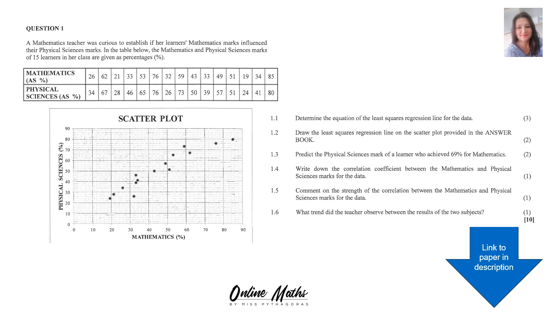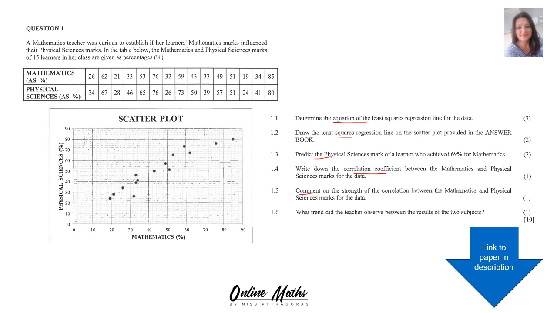Now here you see the actual exam, and this question gives you the scatter plot, and then on number 1.1 they want the equation of the least squares regression line. Then they want you to sketch the least squares regression line. Then at number 3, predict a mark. Then correlation coefficient.